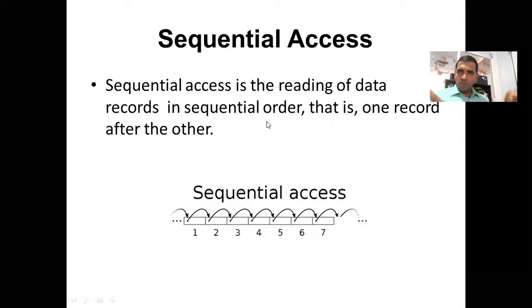Remember, if you use a videotape, you cannot go to the 45 minute mark directly, because it's a tape. You have to start from the beginning. Have you used forwarding and rewinding? We use such ideas for moving backward and forward. So for watching that video from 45 minutes, definitely you need to start from the beginning.